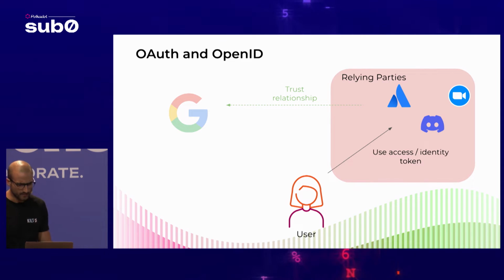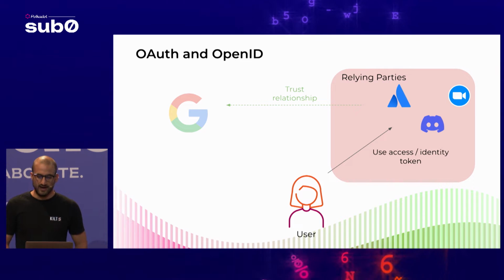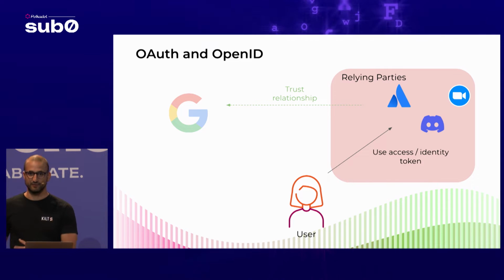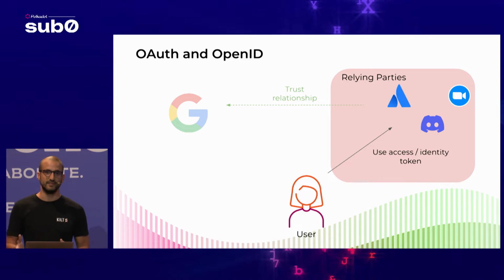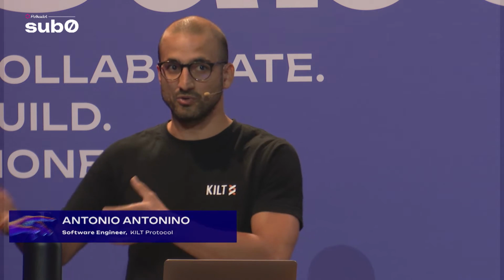This definitely brings convenience on one side, but we've also seen that it shifts all the power into the hands of a few identity providers, which are highly centralized, both in terms of the control of the information that is shared, and also the amount of data that they collect, because now they have insights into any application that I'm trying to access. For each application, I would have to go to Google and say which application I'm trying to use.